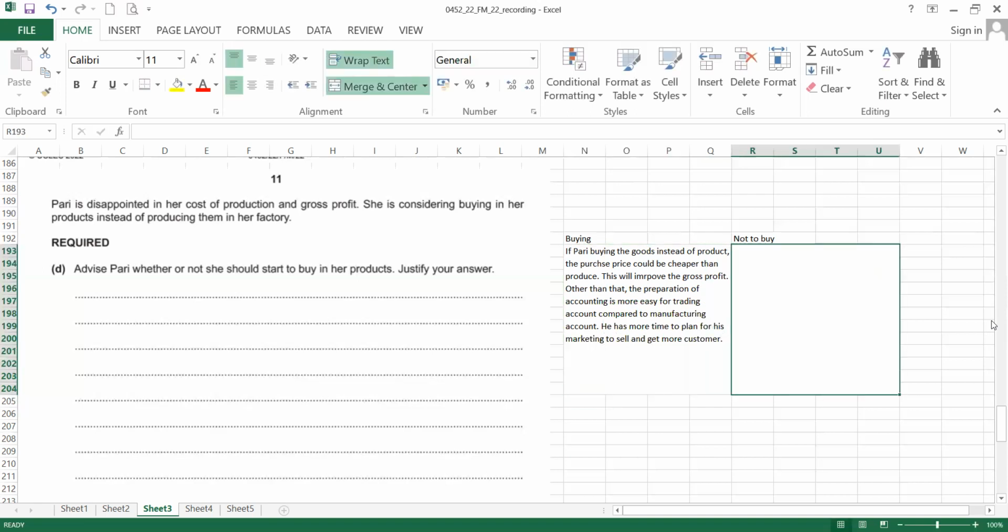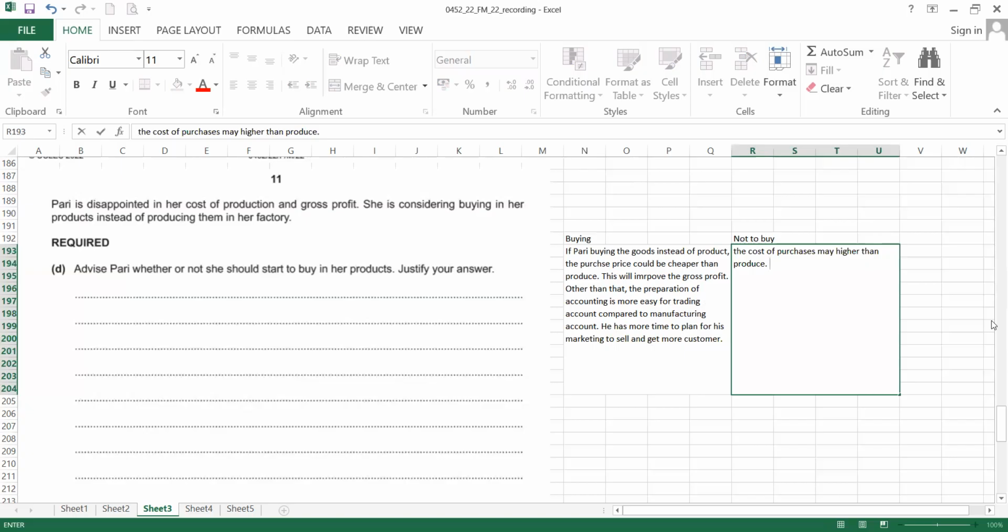The problem when he buy is the cost, okay? The cost of purchase may higher than produce. So this may happen.